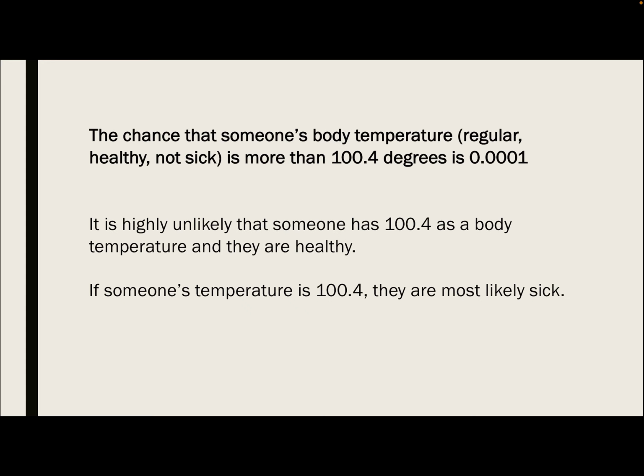The chance that someone's body temperature, regular, healthy, not sick, is more than 100.4 degrees is 0.0001. It is highly unlikely that someone has 100.4 as a regular body temperature and they're healthy. If someone's temperature is 100.4, they are most likely sick.